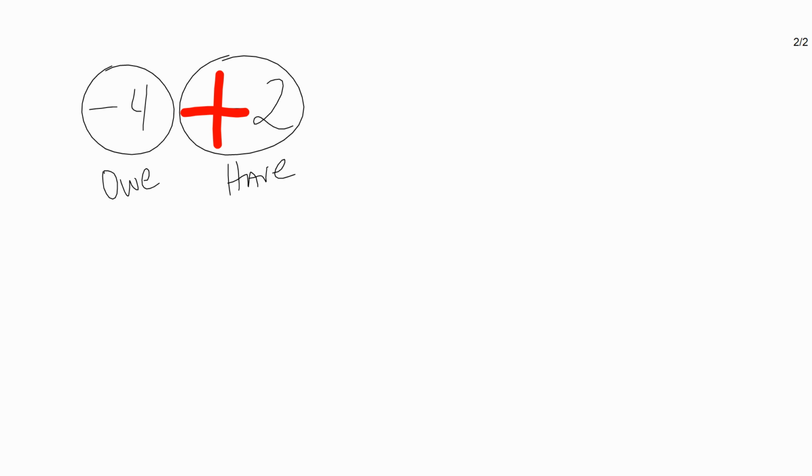2. Now, if you owe Walmart $4, you're at the cash register, and you owe them $4, and you have $2, what's the outcome? You still owe Walmart what? $2. Now, do y'all see what I'm talking about as far as money?